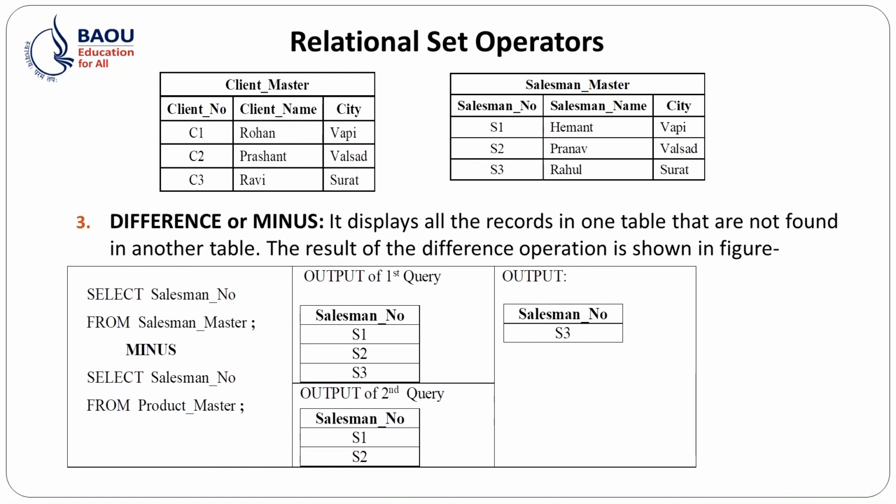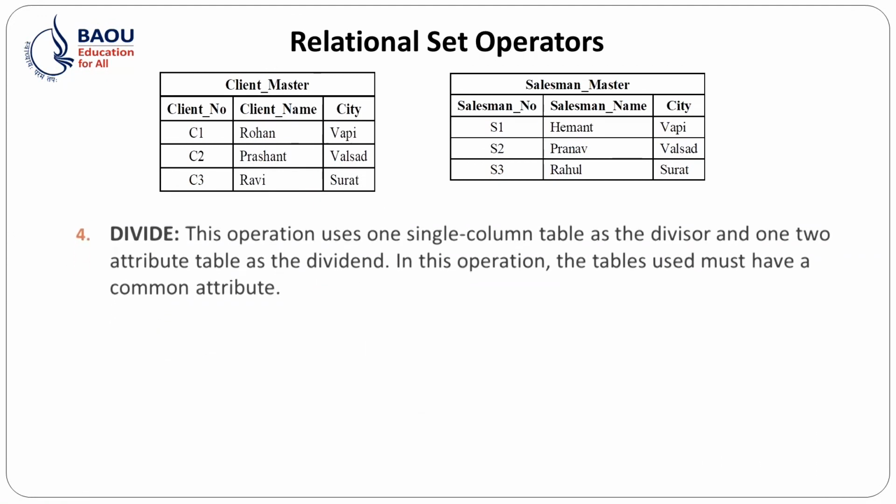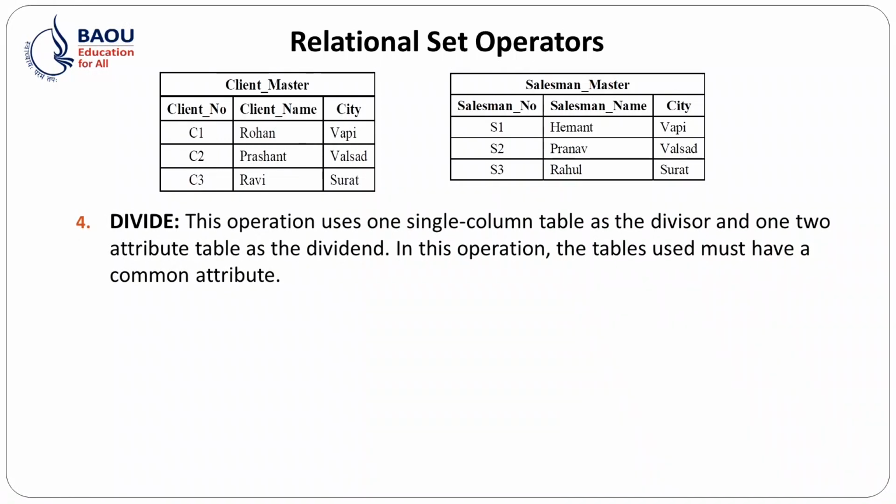The output of query 1 is S1, S2 and S3, and query 2 is S1 and S2. So the difference or minus displays the records not common to both results, and the final output of the difference is S3.